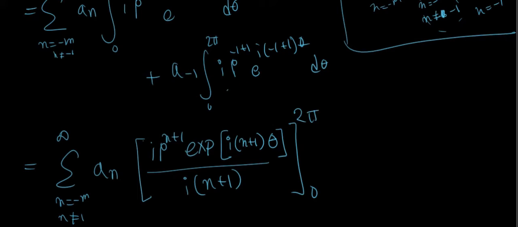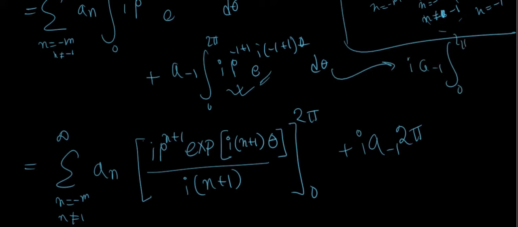And the second part, that is this part, will just contribute a_-1, and there will be an i and a 2 pi, because you see that rho to the power -1 plus 1 is just rho to the power 0, that means it's 1. Similarly for this term, this will be 1. So this integral will ultimately be just a_-1 i times the integral from 0 to 2 pi of d theta. So that's where this 2 pi is coming from.